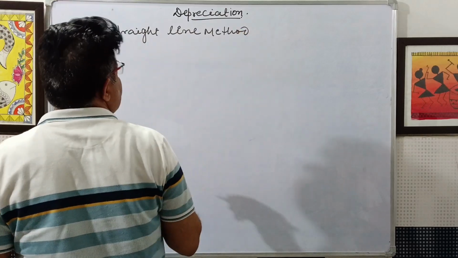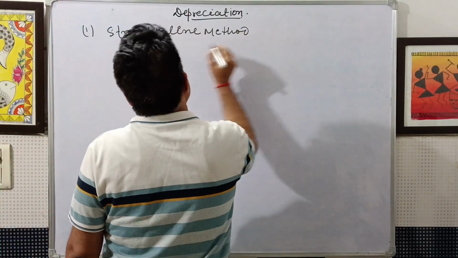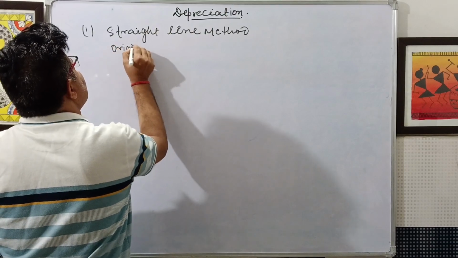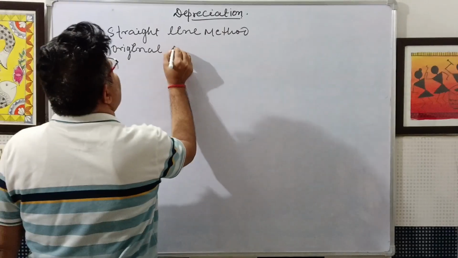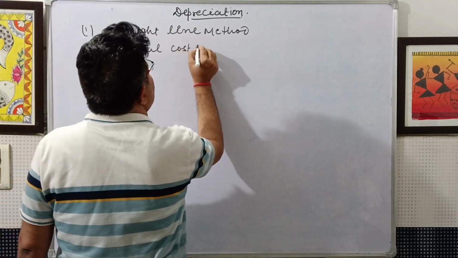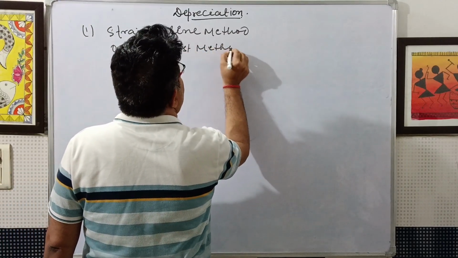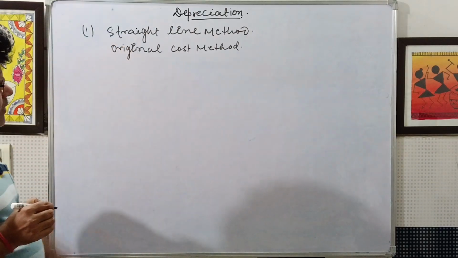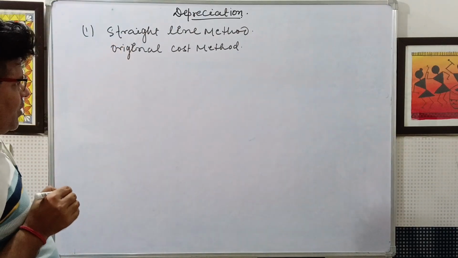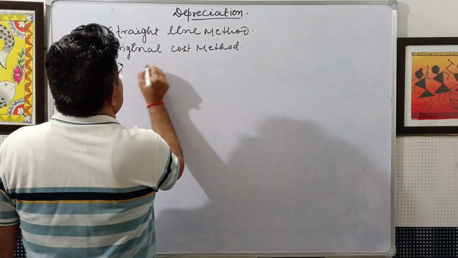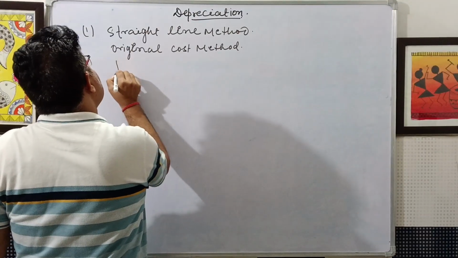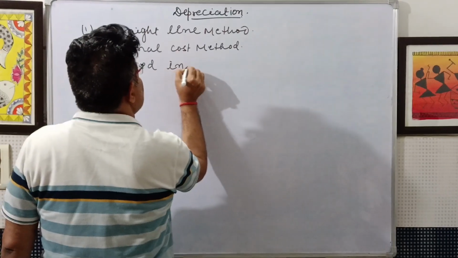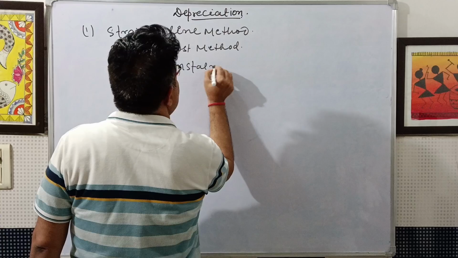It is also known as the original cost method. Straight line method and original cost method are the same. It is also known as the fixed installment method.